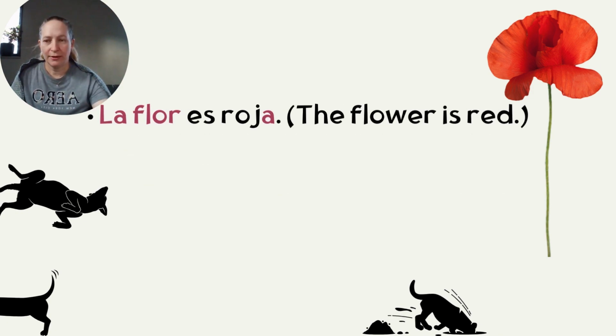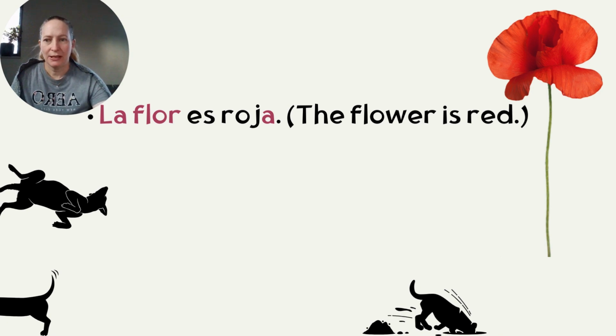For example, if you look at the first sentence here, La flor es roja, so the flower is red. And it's the same if you look at El perro es negro. So we have two different sentences. One is la and one is el. But in English it would be the same, the dog or the flower.